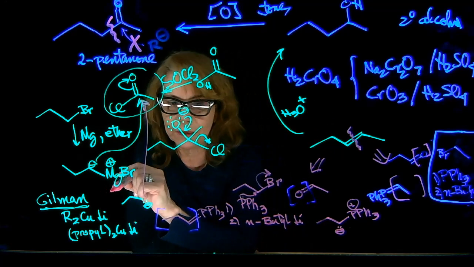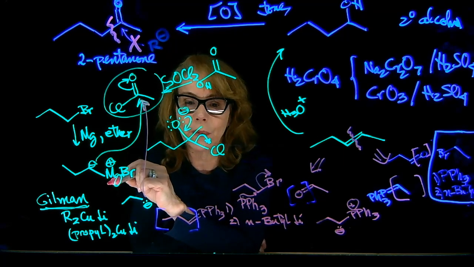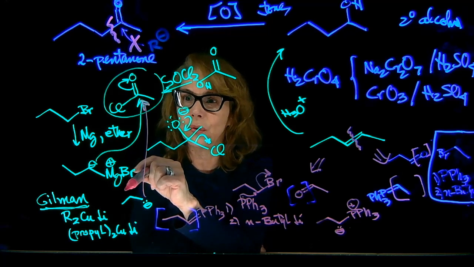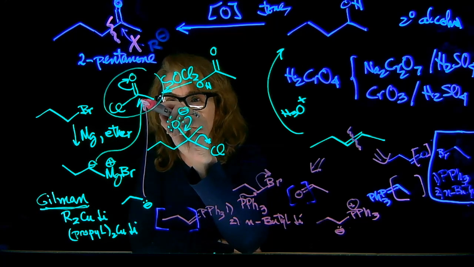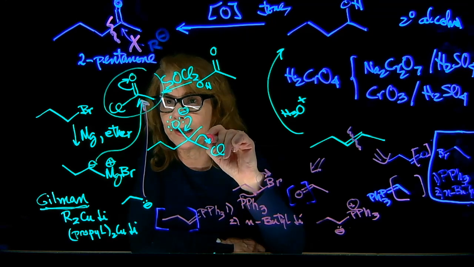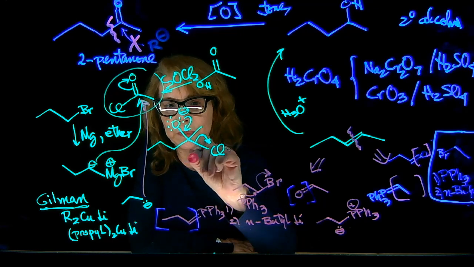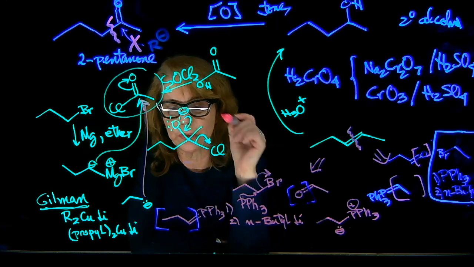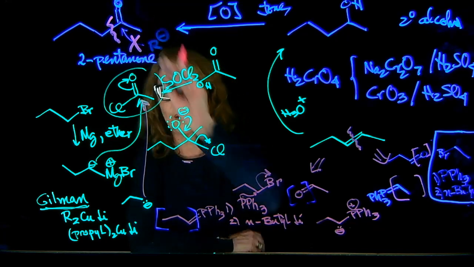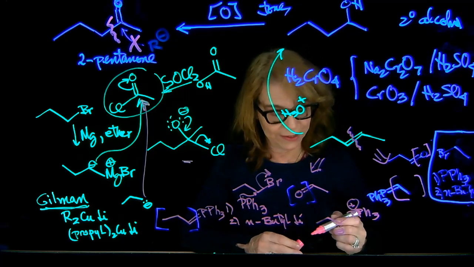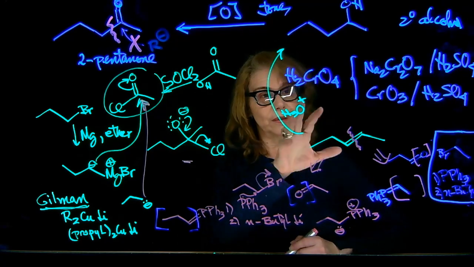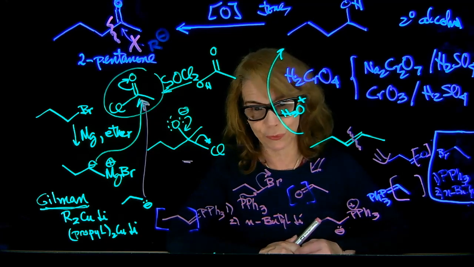To avoid that, we explained that we would use Gilman instead, because Gilman will do the attack over the acid chloride and produce this intermediate and then go to the ketone. The ketone will not be attacked by the Gilman, so it stays there. The other pathway is what we explained, which involves 2 different disconnection paths using Wittig reagents.